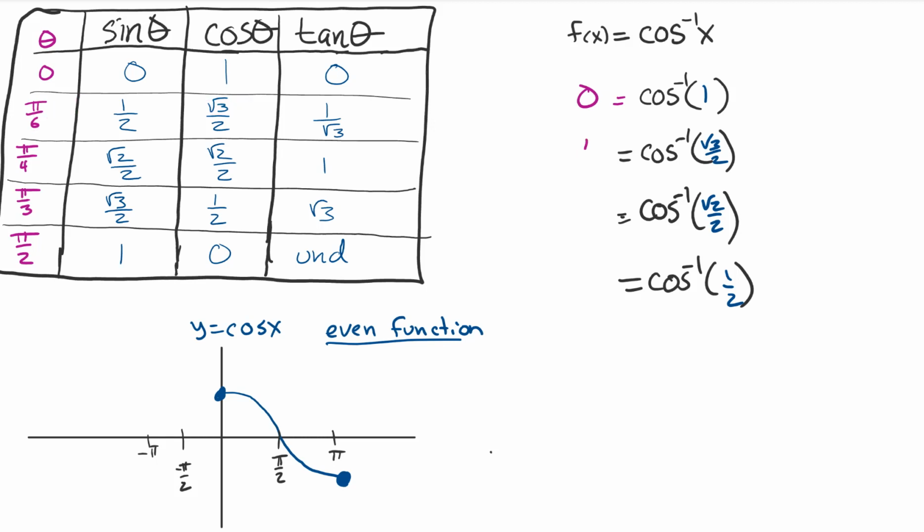Cosine inverse of root 2 over 2 is pi over 4. Cosine inverse of 1/2 is pi over 3. And lastly, cosine inverse of 0 is equal to pi over 2.